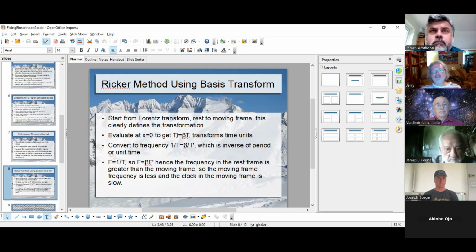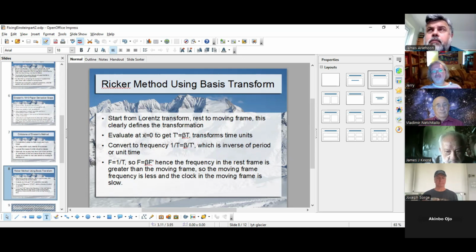Then we get this equation, t prime equals beta t. That's the basis transform. It says that the unit seconds in the moving clock are longer than the unit seconds on the rest clock. What does that actually mean? It means the moving clock is slow, but we did it more directly here.